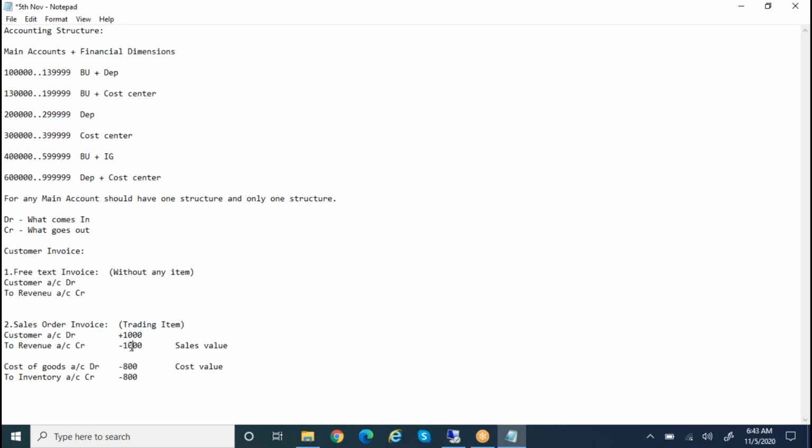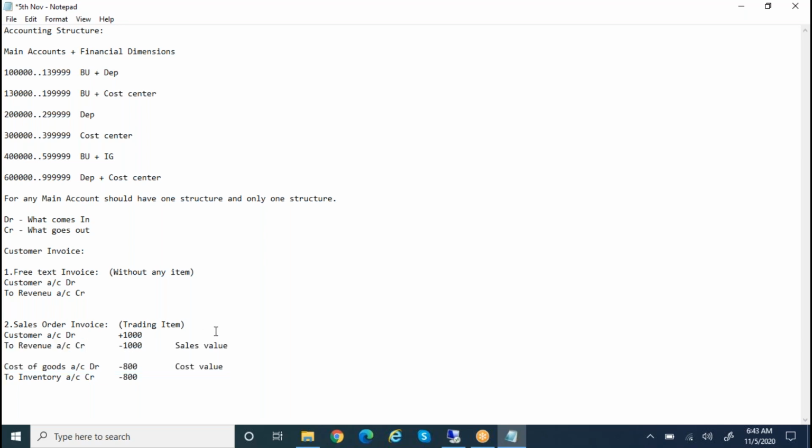And these two are on the P&L side, the profit and loss account side. That is the reason it is quite opposite. This revenue will be shown as a negative.